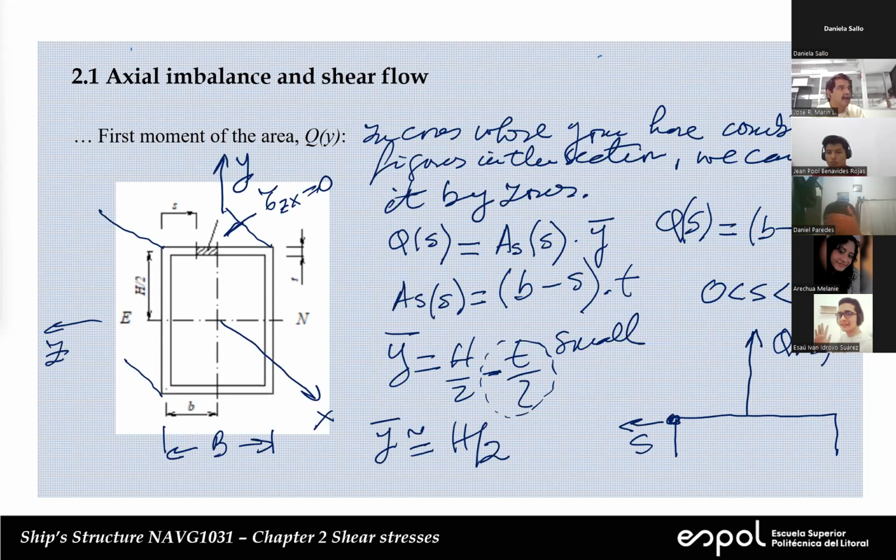If S is 0, we have the largest value. If we are here, how much is S? Small b. Here to there, S is little b. So we put little b here, that's going to be 0. And you see that it is a linear relationship, so we have from a certain value varying linearly like this.